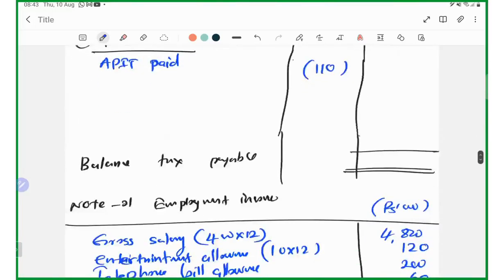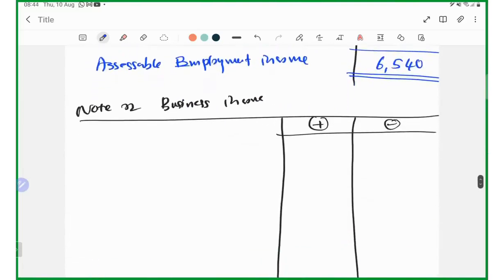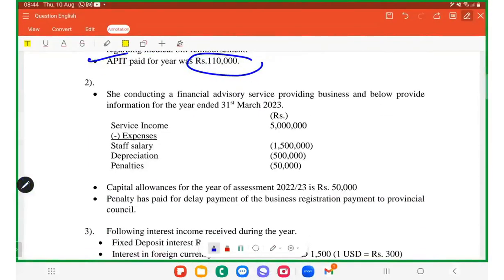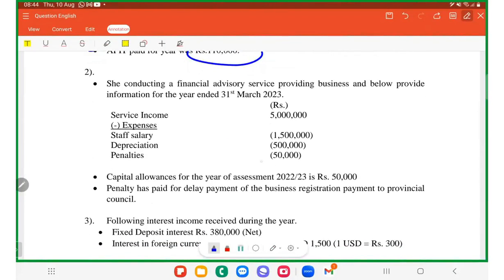So then we can go to the business income calculation. Here you have to start with profit before tax. So how much is the given profit before tax? Here you can see, we have the profit before tax, right?